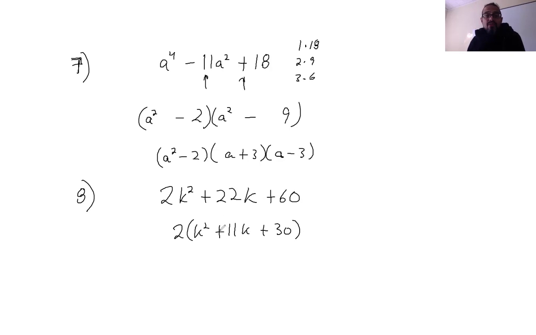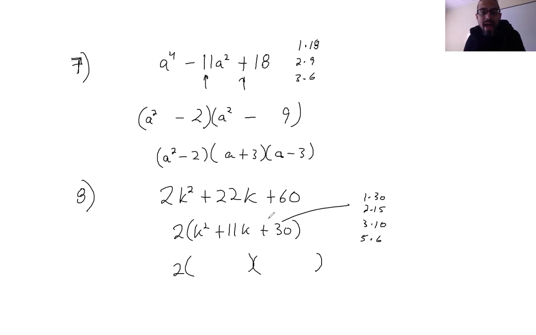Now I have the trinomial in there, and I'm going to factor that trinomial inside. So we'll just keep the 2 there. Factors of 30: 1 times 30, 2 times 15, 3 times 10. I forgot one, didn't I? 5 times 6. Okay, boom. What do these numbers need to do?